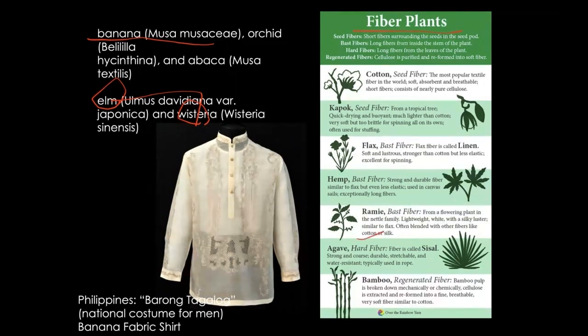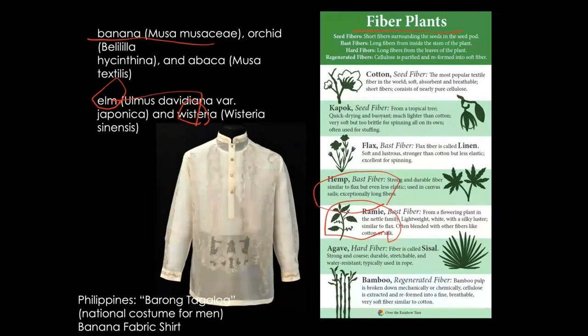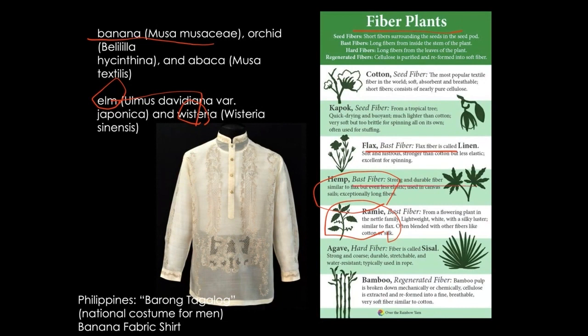So in East Asian culture, we have ramie and hemp, but in European culture, you have flax, and then some hemp, and then kapok, and then agave. These are tropical, right? And then in East Asia, you can also use the bamboo trees for some sort of fiber. Cotton is a bit later.